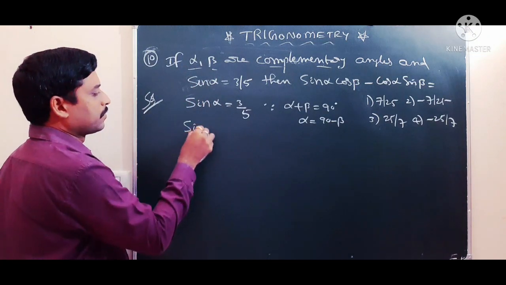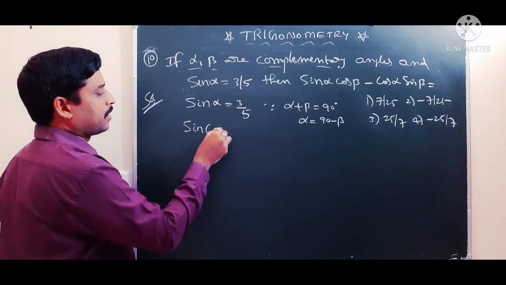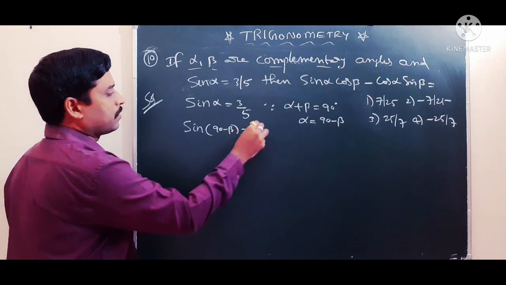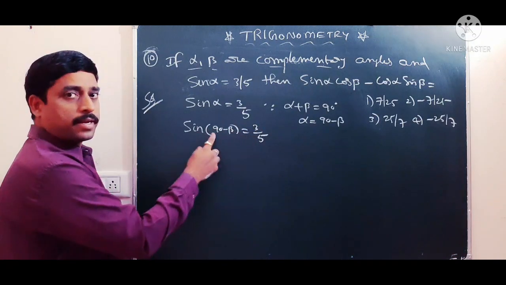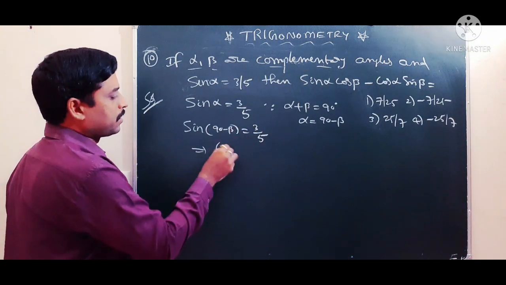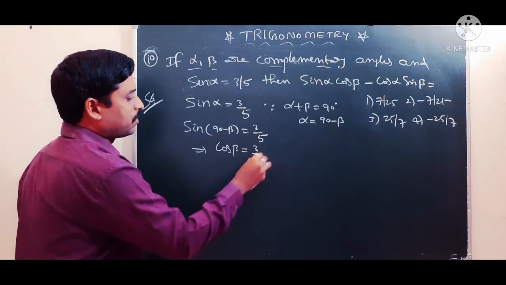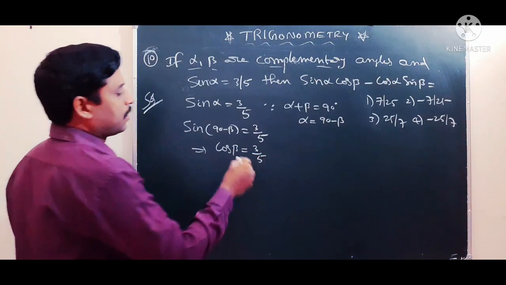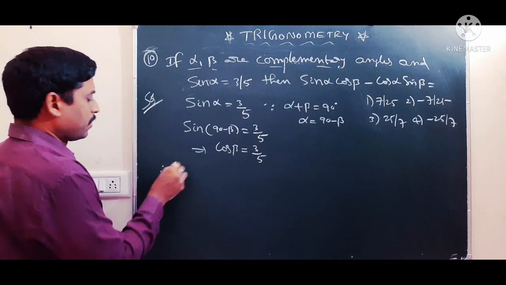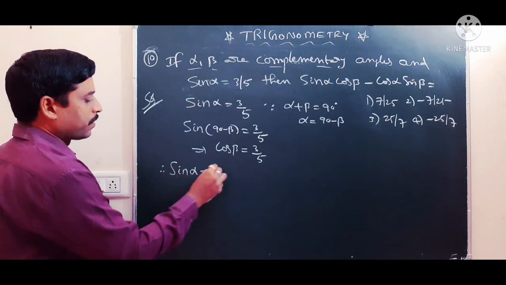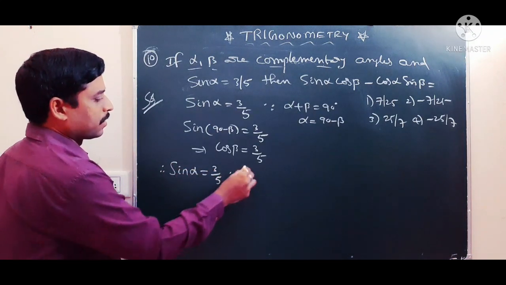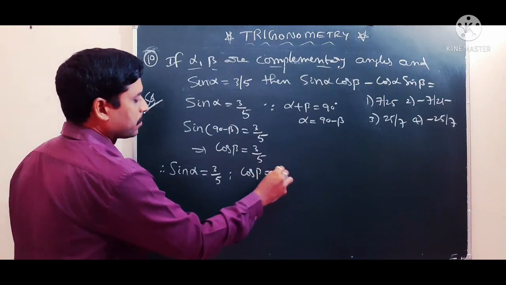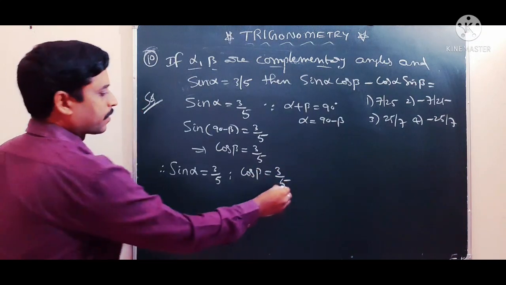So sin of 90 minus beta is equal to 3 by 5, and sin of 90 minus beta is cos beta. So cos beta is equal to 3 by 5. Sin alpha value is 3 by 5, and cos beta is also 3 by 5.